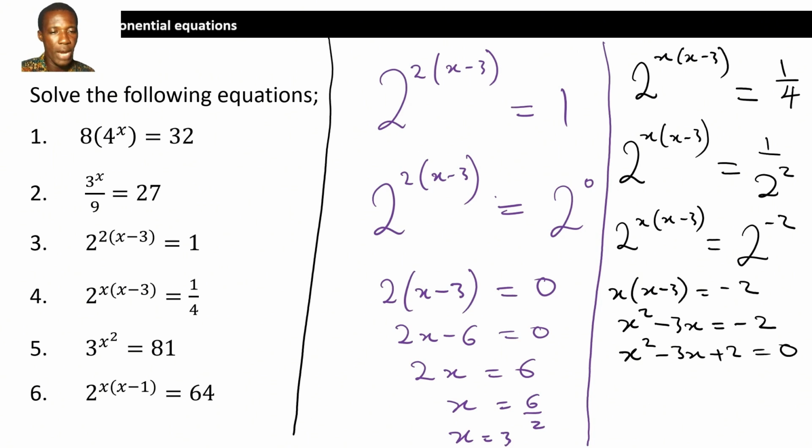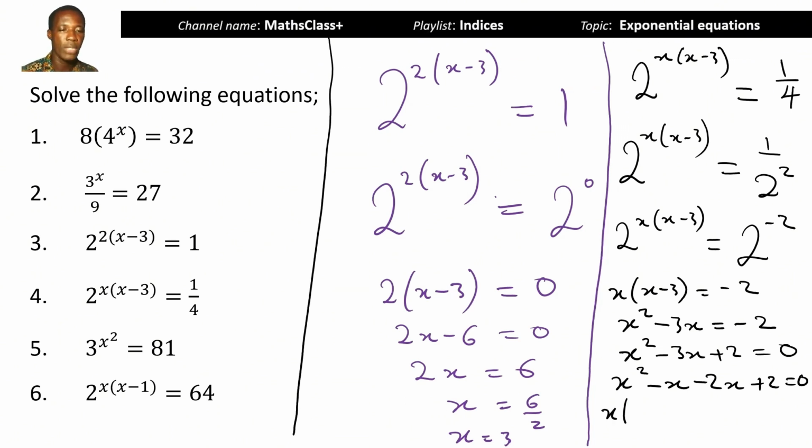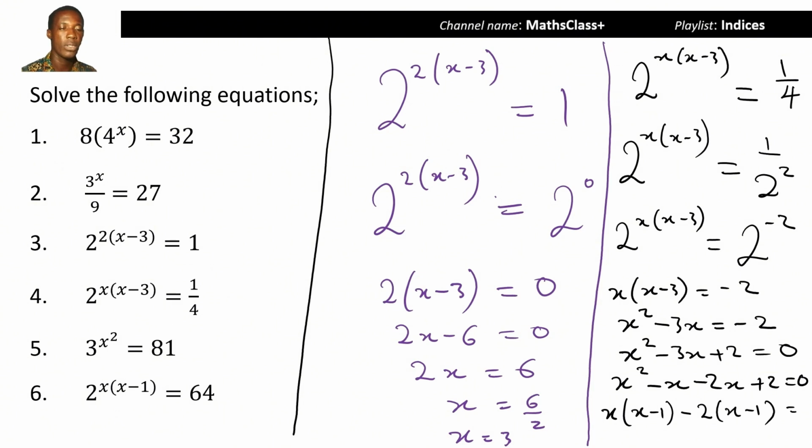Okay, so I will rewrite this expression as x to the power 2 minus x minus 2x plus 2 is equal to 0. So I'll have x out here, x minus 1, and then minus 2 out here, x minus 1 equals 0.